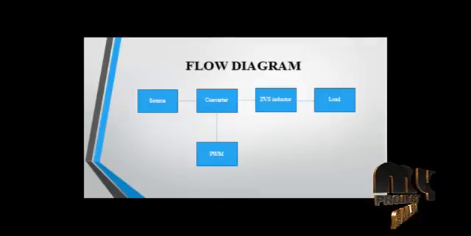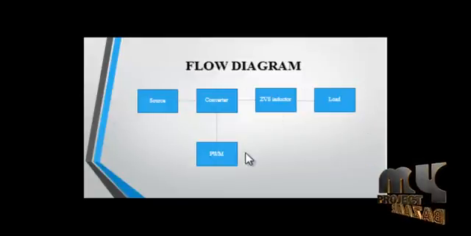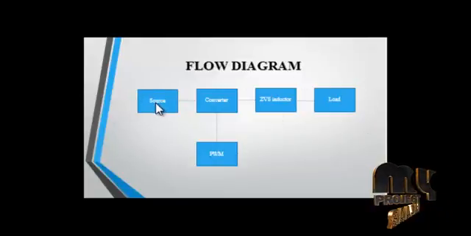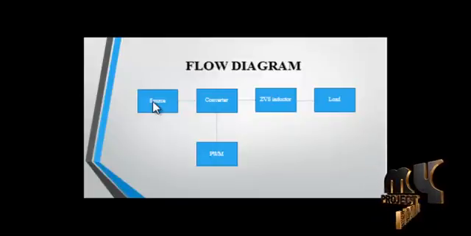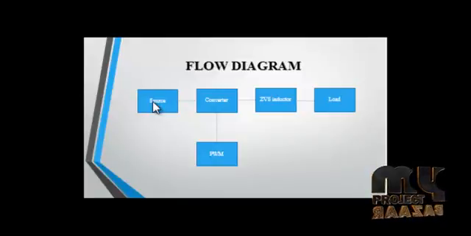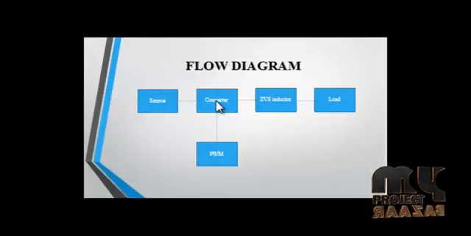Now we are going to discuss our product flow diagram. This is our flow diagram. This is the source, where we give the input voltage. First we give the DC voltage, for example 68 to 72 volts DC. Then the converter. What type of converter are we using?